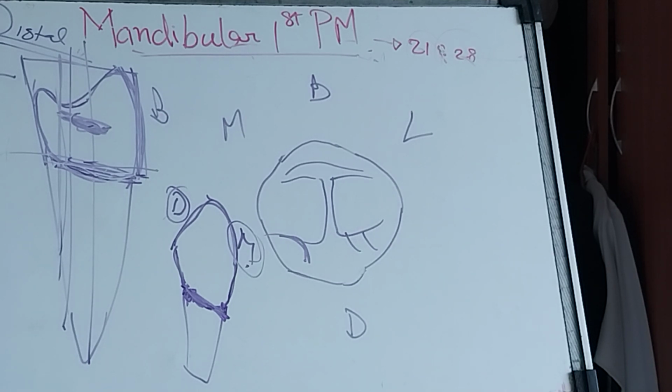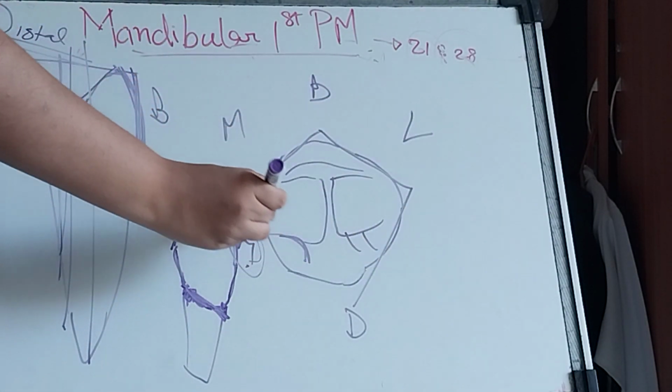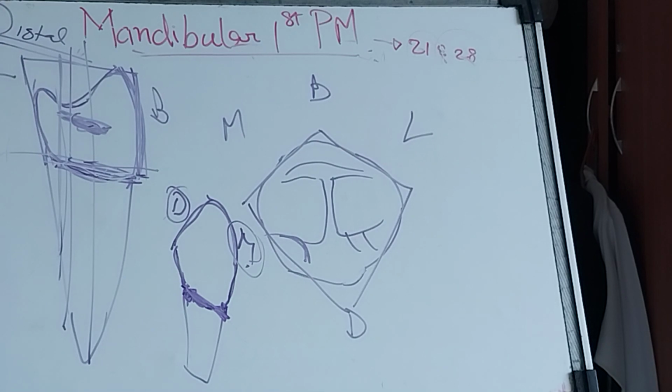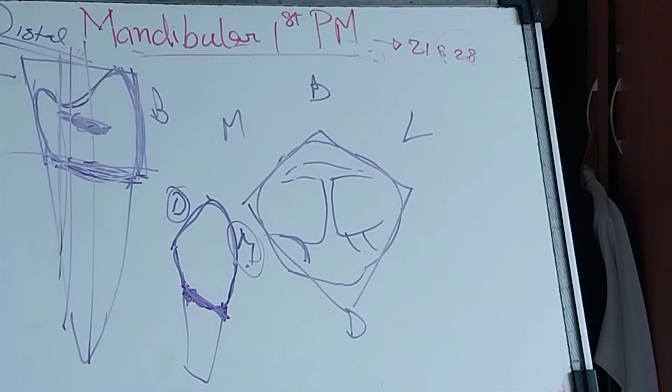So the occlusal surface is diamond shaped. You can clearly see it's roughly diamond, and the middle buccal lobe forms the major bulk of the crown, the middle buccal lobe over here, and the buccal ridge is prominent.